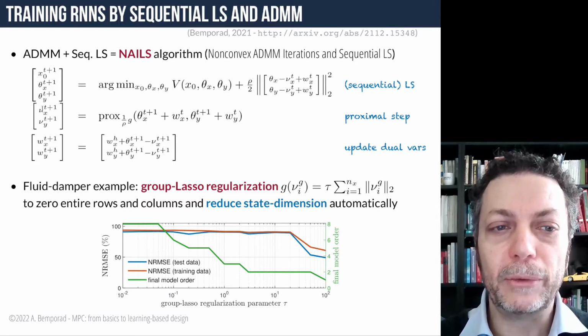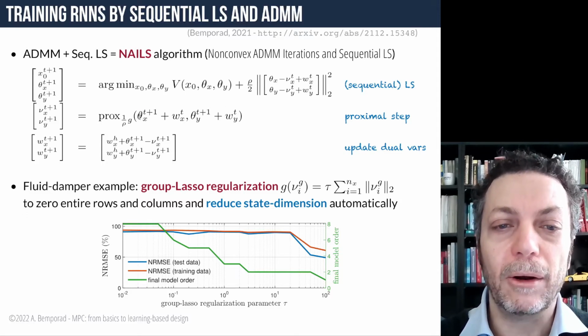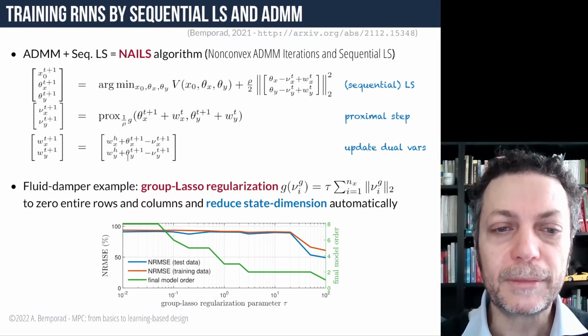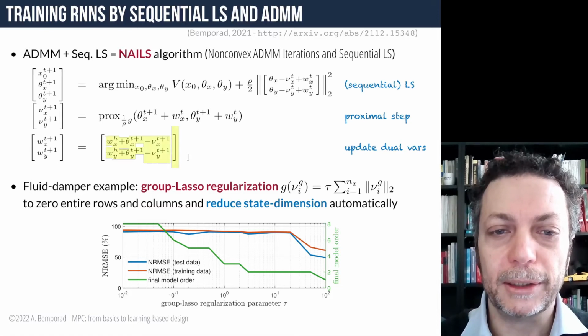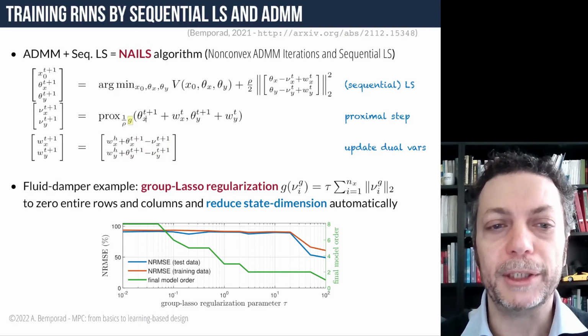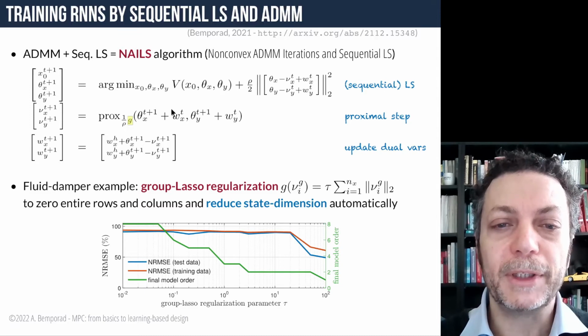Then the update of the new variables is the standard proximal step on theta plus w, which is the vector of dual variables you have in the problem, for the equality constraints you have introduced by making a copy of theta x and theta y. And then simply update the dual variables.